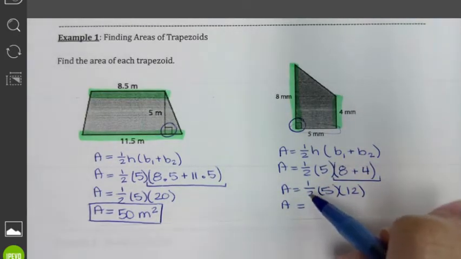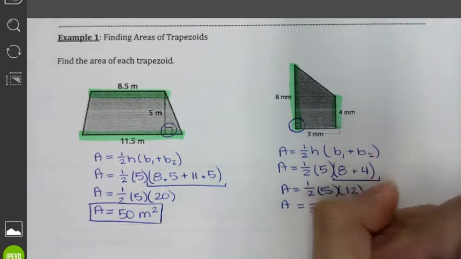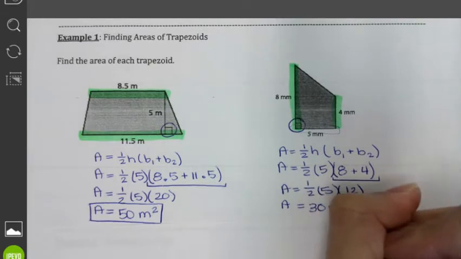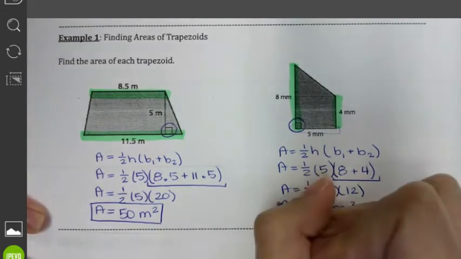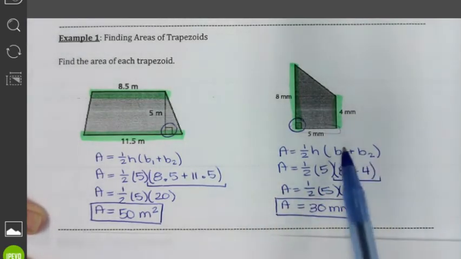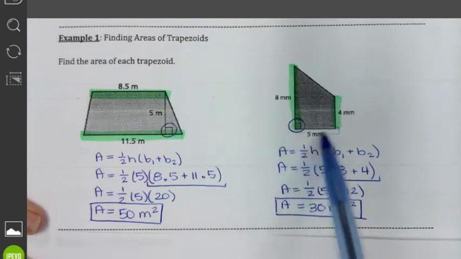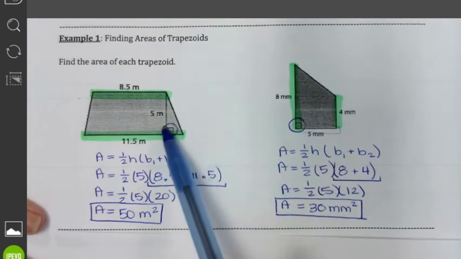For me, it's easiest to do half of 12, which is 6, times 5 is 30. And I label it millimeters squared. So as a reminder, the two bases are the two parallel sides. The height is the right angle in between the two bases. Same thing here, right angle in between the two bases.